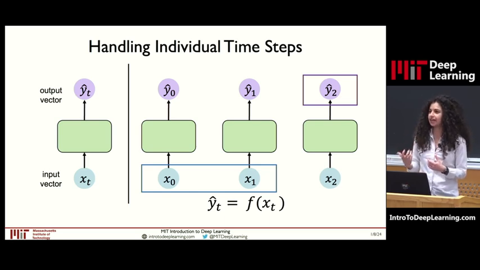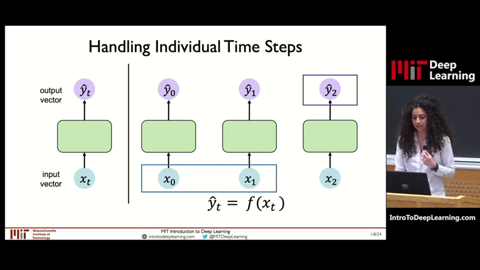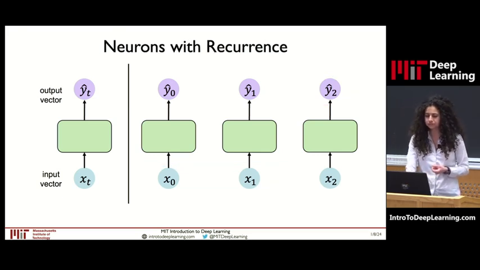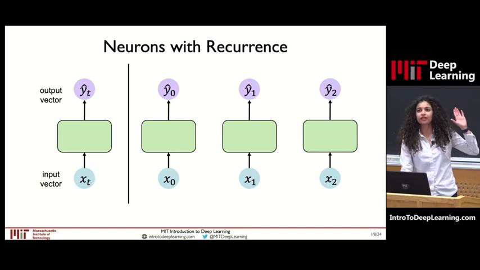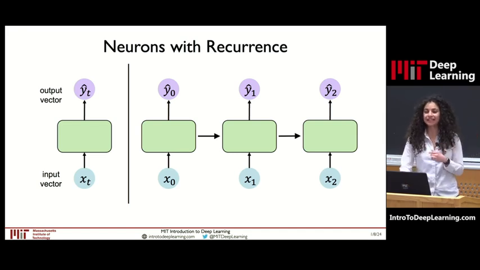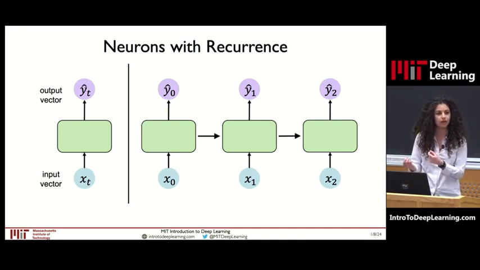So the key idea here is, what if we can build our neural network to try to explicitly model that time step to time step relation? One idea is, let's just take this model and link the computation between the time steps together.